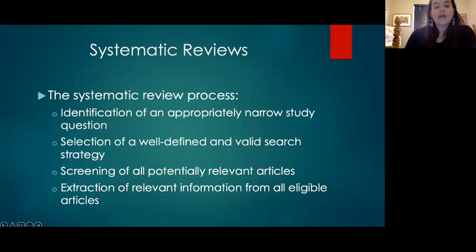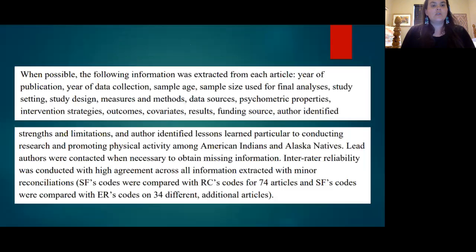And then once you find your core set of articles, you extract the relevant information from all of those articles. So we extracted year of the publication, year of data collection, the age, sample size, study setting, study design. You list all the things you conducted.